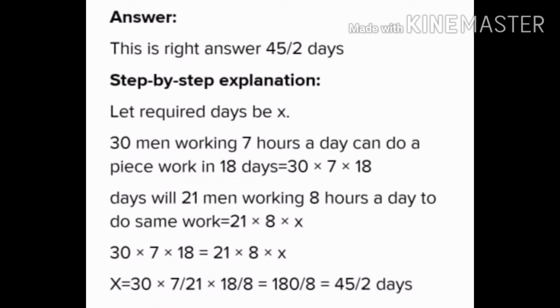For 21 men working 8 hours a day to do the same work, 21 into 8 into x. Put the values on both sides, left hand side and right hand side. You will get x is equal to 30 into 7 upon 21 into 18 upon 8. 180 divided by 8 is equal to 45 by 2. It means option A, 22 1 by 2 days.